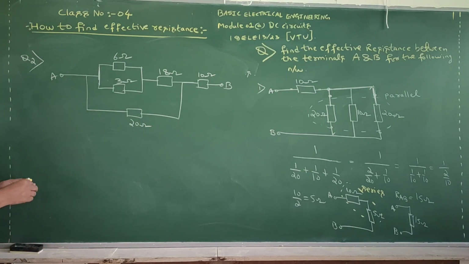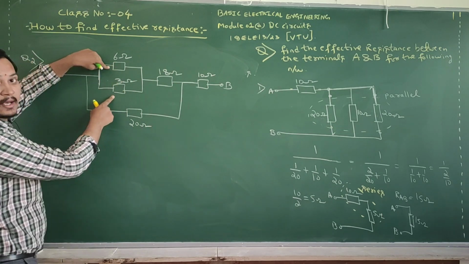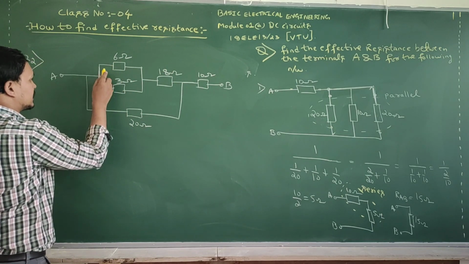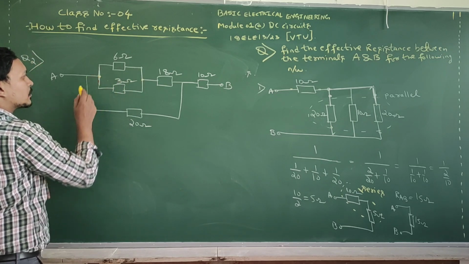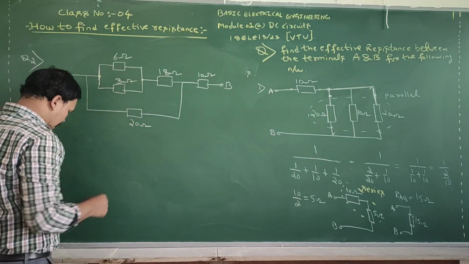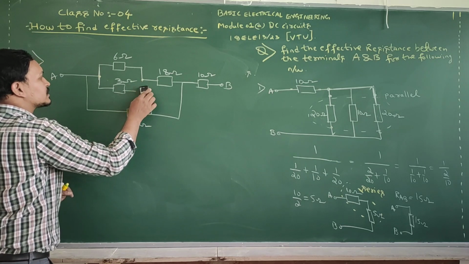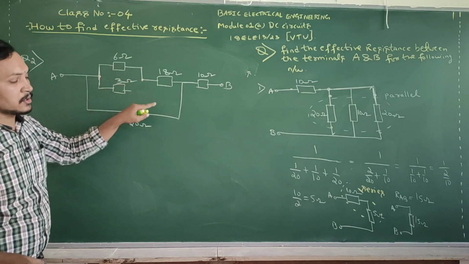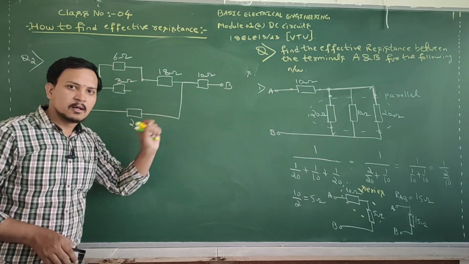Okay guys, now think about this. 6 ohm and 3 ohm are connected in parallel because the starting and finishing ends are connected to one common point. Suppose you decide 6 ohm and 18 ohm are connected in series; that is correct only if there is no disturbance.